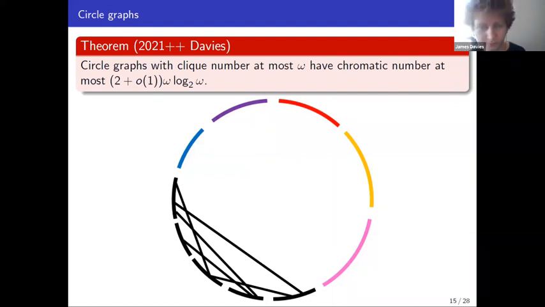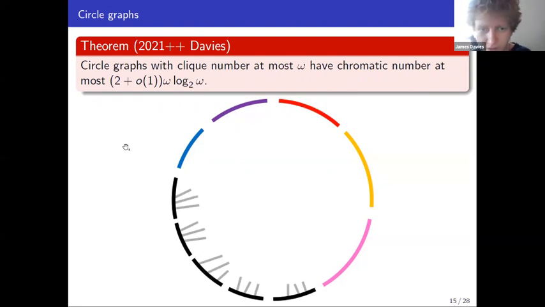So really the only hope we have for coloring these chords to be any easier than coloring circle graphs in general is that we only had to split our arc up into a bounded number of smaller arcs. So this is where clique number comes in and where we aim to apply a Turan-like result.